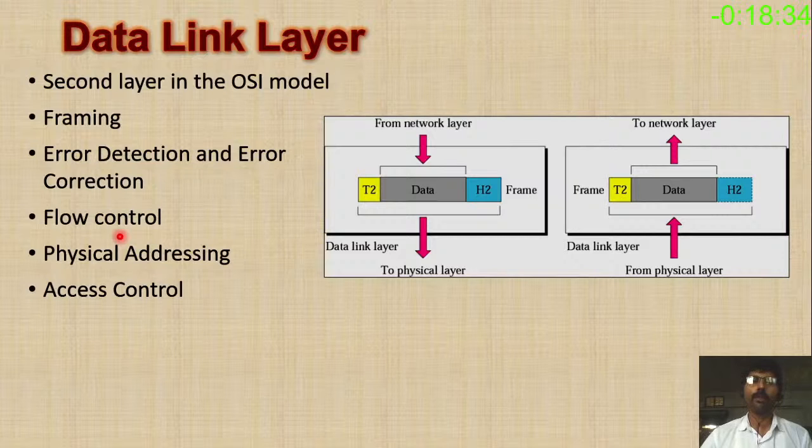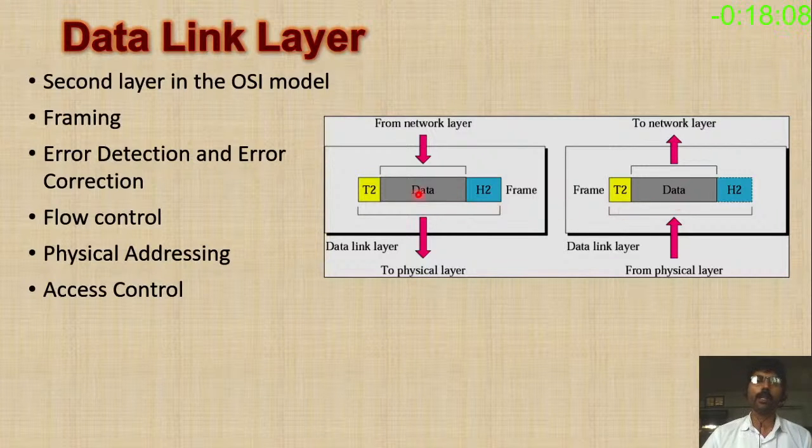Flow control means whenever the data is transmitted over a network, the sender and receiver should have the same phase. That means the data frame sent by the sender is the same amount as the data frame received by the receiver. The speed between these two must be the same.